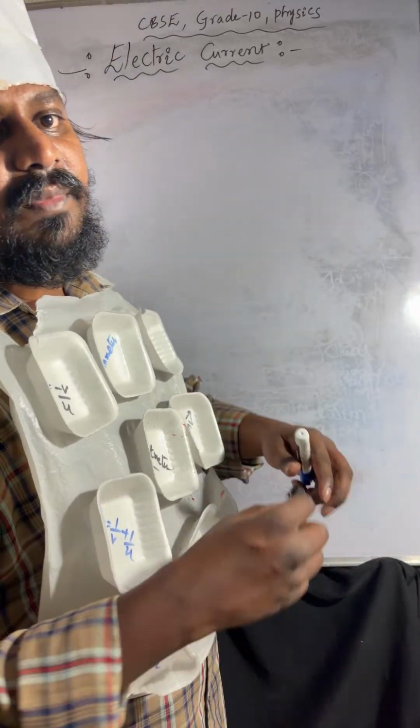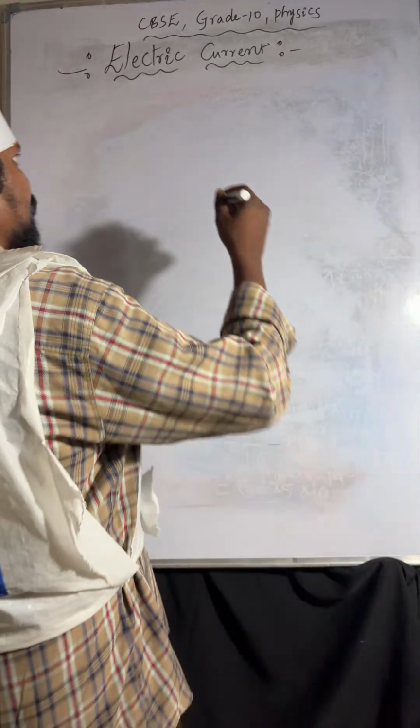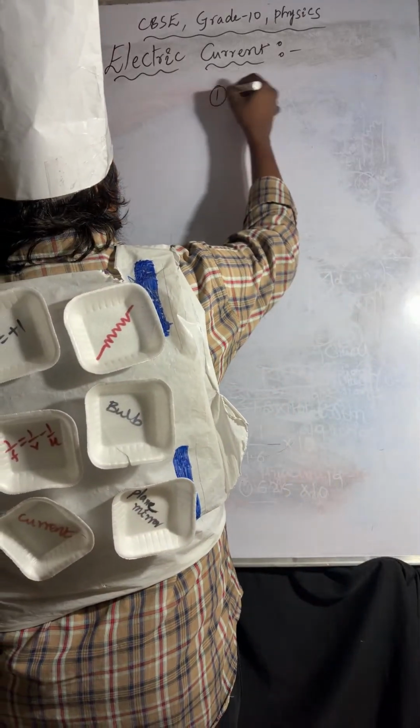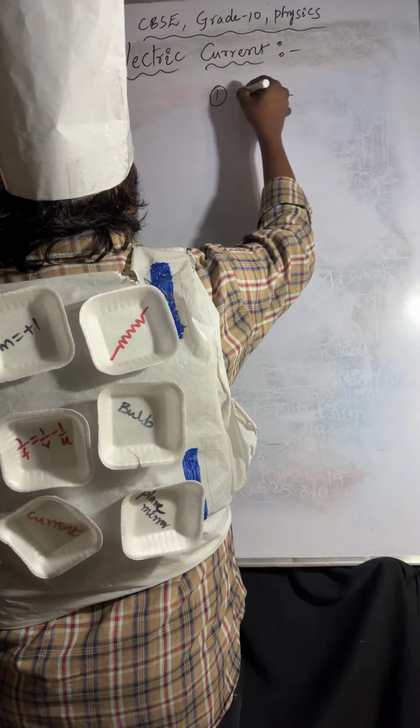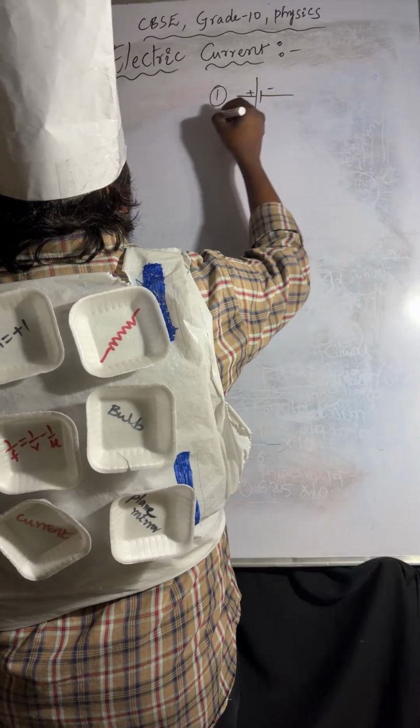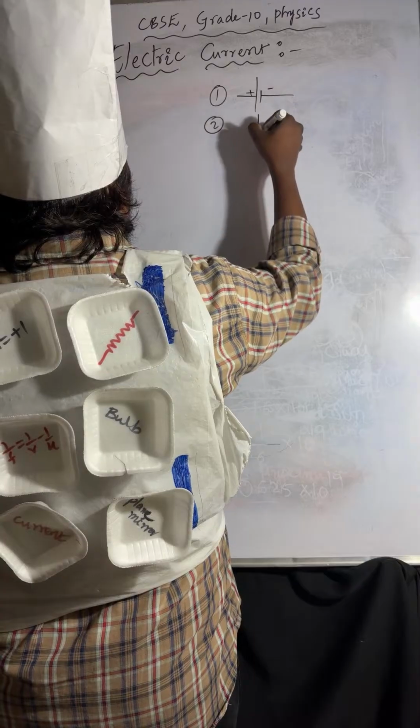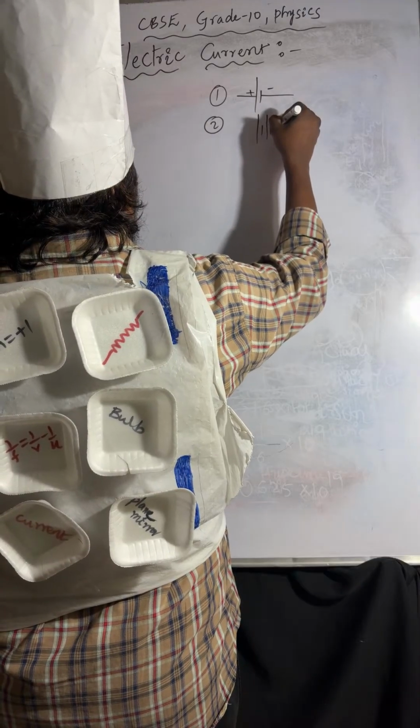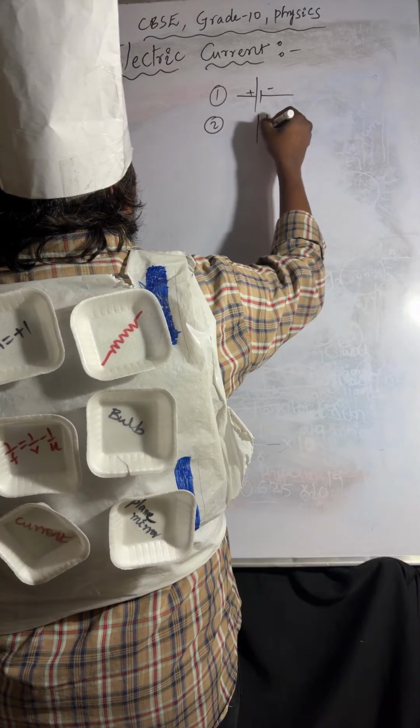Those are electrical elements. So first one is cell. This is a cell, positive terminal, negative terminal. Second one is battery, positive terminal, negative terminal, like this, battery.